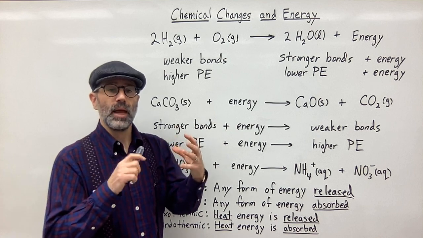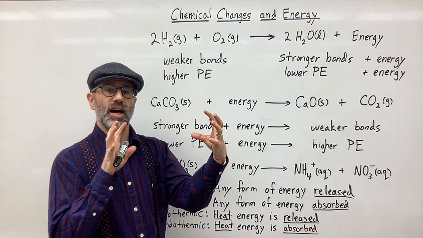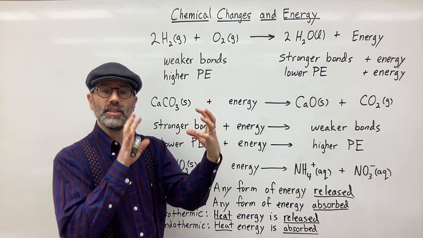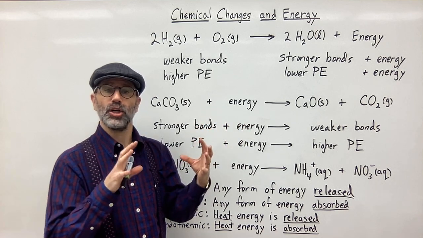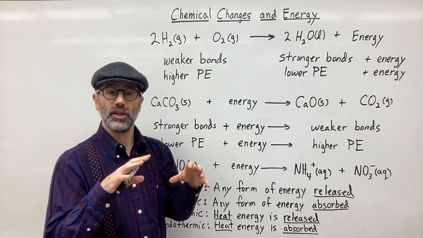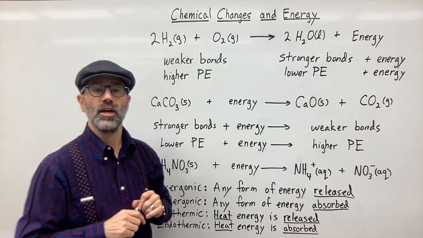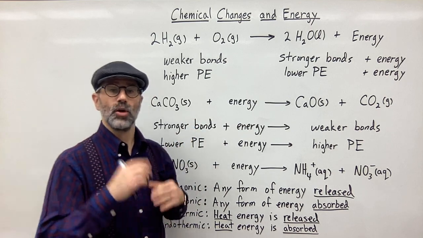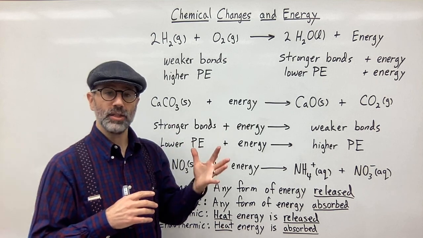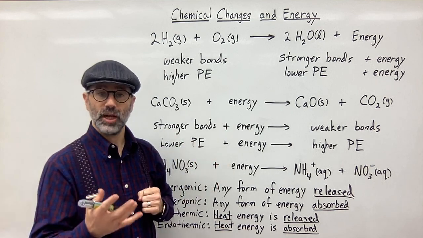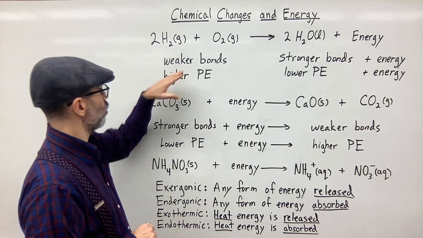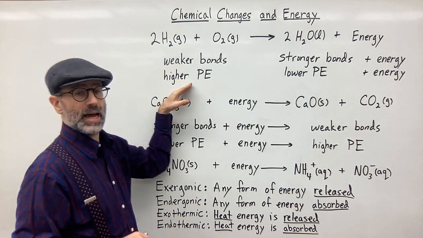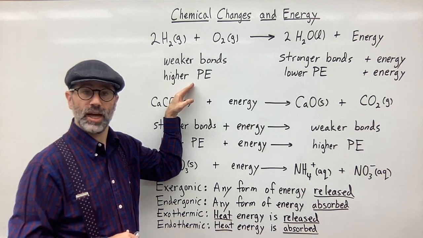So maybe the atoms are not as close together as they should be. If they could get closer together, maybe that could lower the potential energy and strengthen the bonds. So there's this relationship between bond strength and potential energy between the atoms that are forming the bond. Weaker bonds are going to have a higher potential energy.